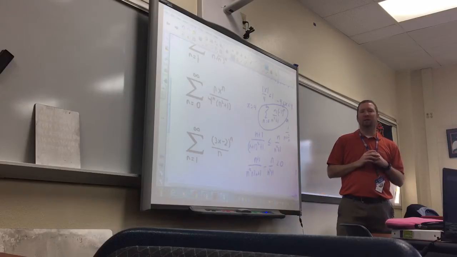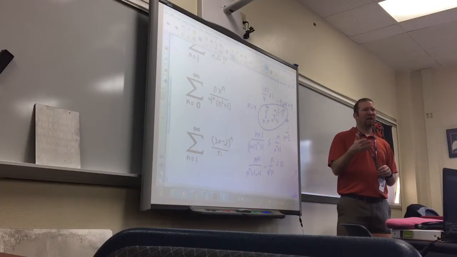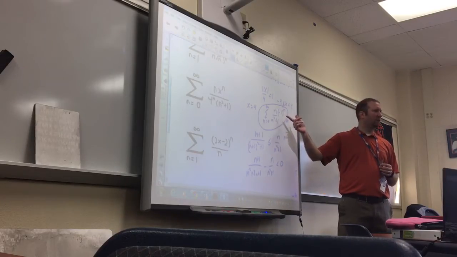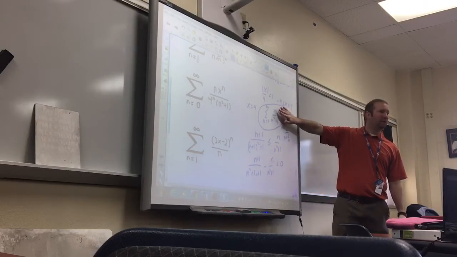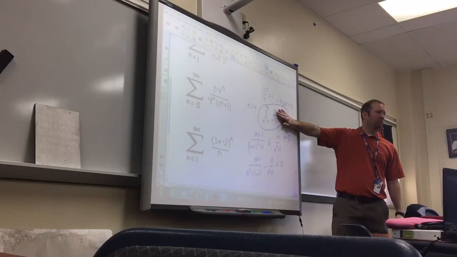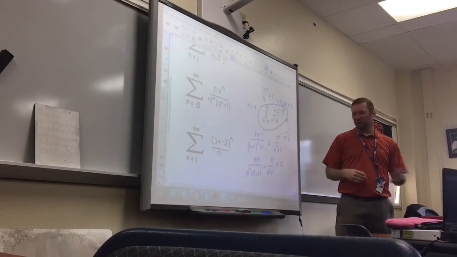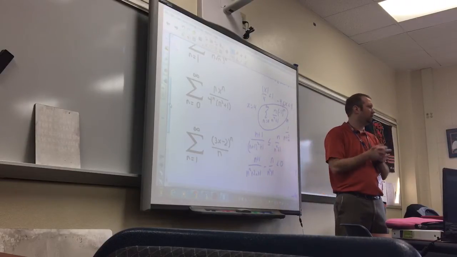So when you're saying something conditionally converges, you're still saying that series converges, but you're saying only that series converges. It doesn't tell me about other series, because that series actually diverges. So conditional convergence is a pretty tiny statement.